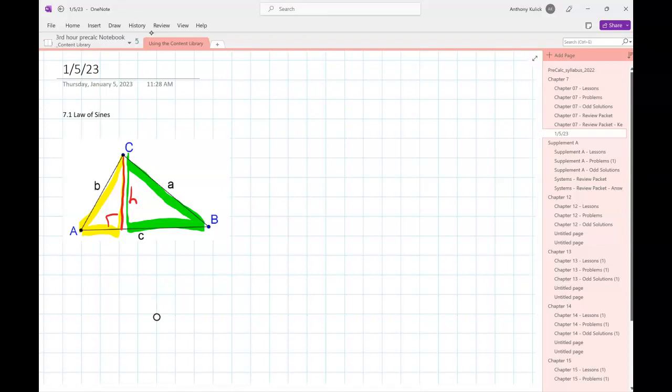And inside a right triangle, I can use SOHCAHTOA. So I can say that in the yellow triangle, sine A is going to equal opposite over hypotenuse. And in the green triangle, I could say sine B is equal to opposite over hypotenuse.